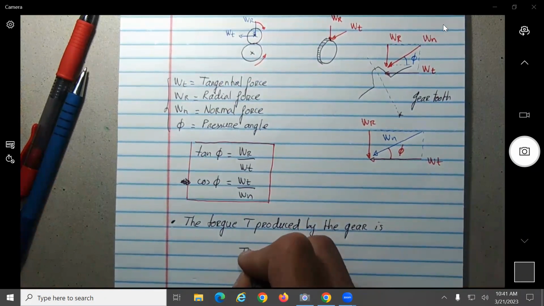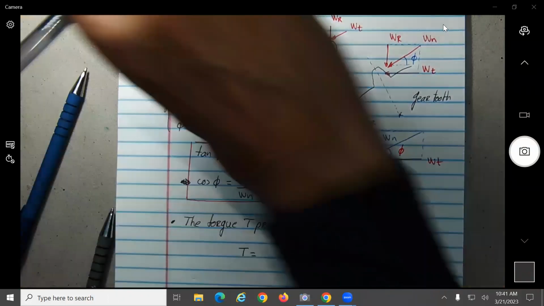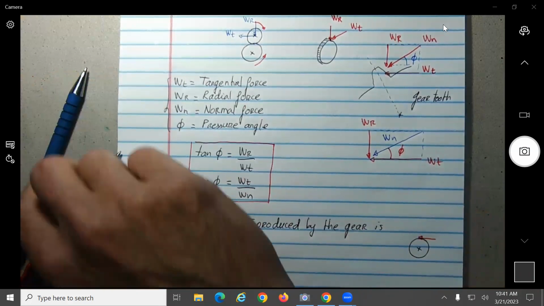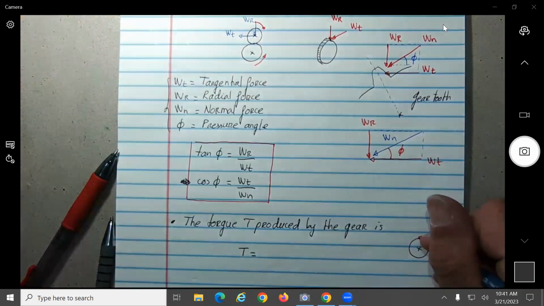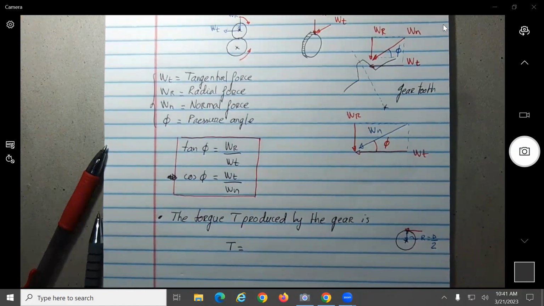You have the gear here. The torque should be equal to force times distance. Distance should be the radius, or let's say the diameter divided by 2.